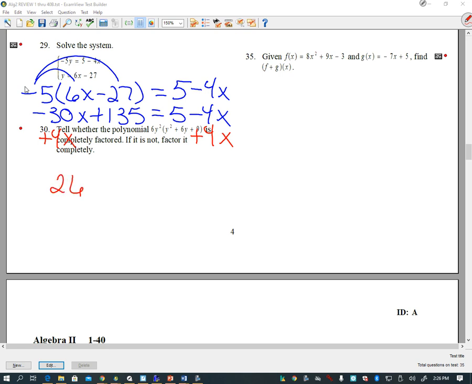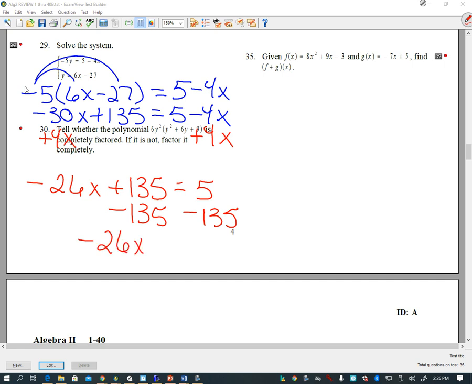Negative 26x plus 135 equals 5. Okay. Jacob, what would you do next? Okay, subtract 135 from both sides. Okay, good.